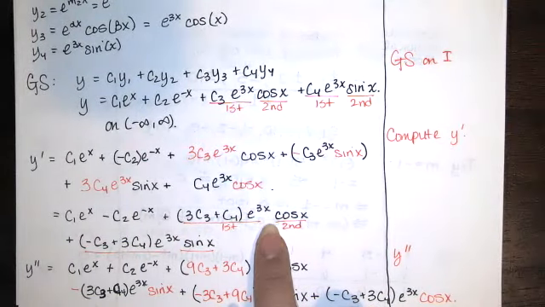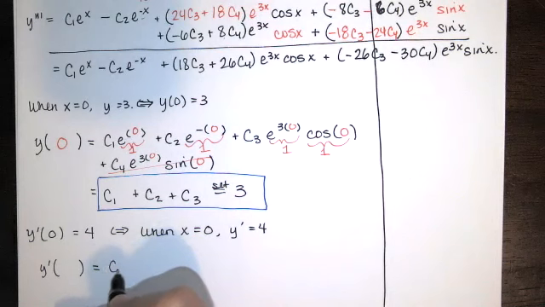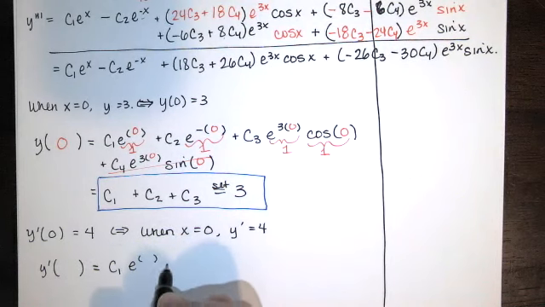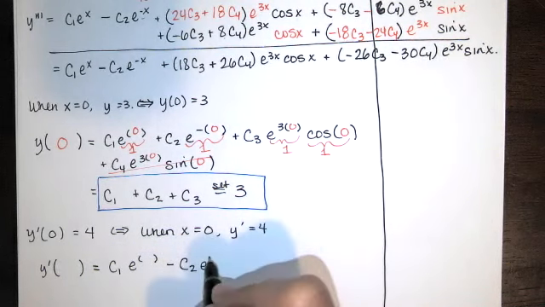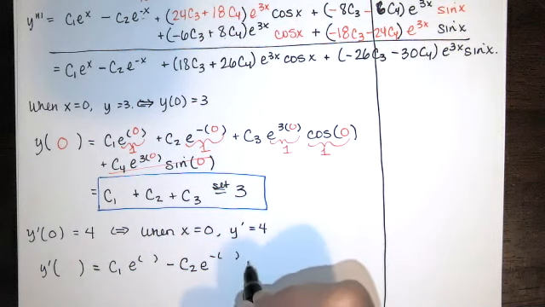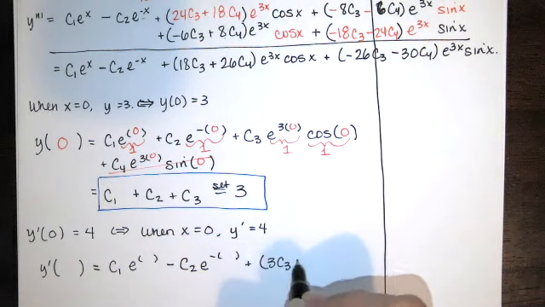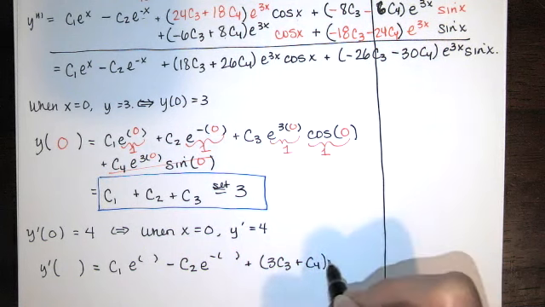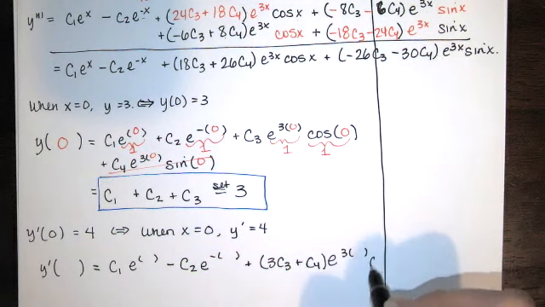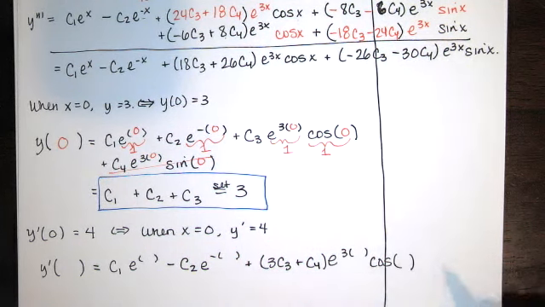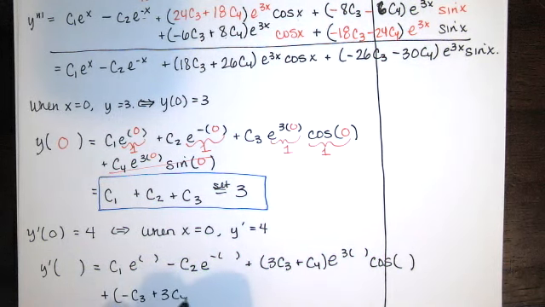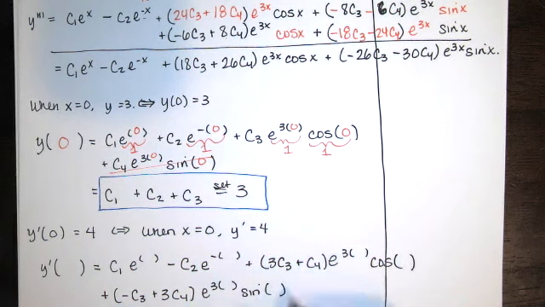We're just replacing all the x's with zeros. So we're going to have c1 e to the 0 minus c2 e to the opposite of 0 plus 3c3 plus c4 times e to the 3 times 0 times cosine of 0 plus negative c3 plus 3c4 times e to the 3 times 0 times sine of 0.